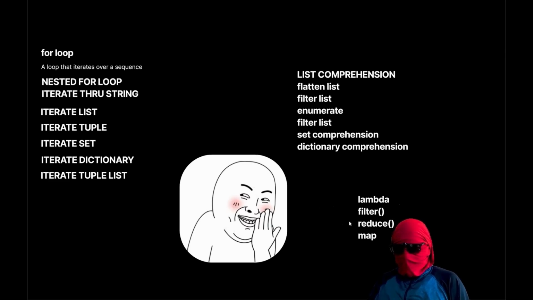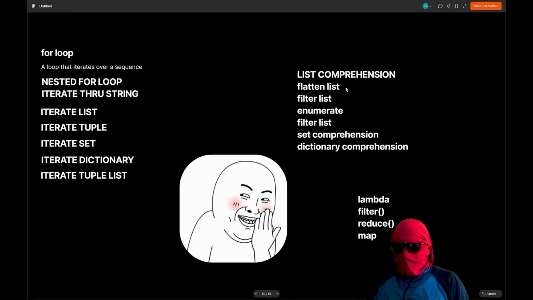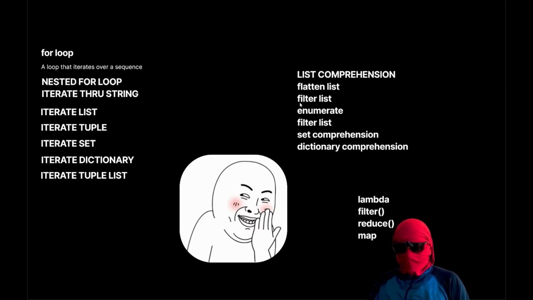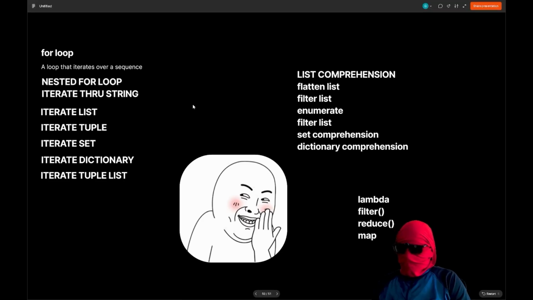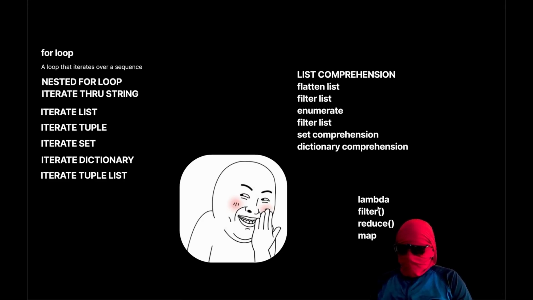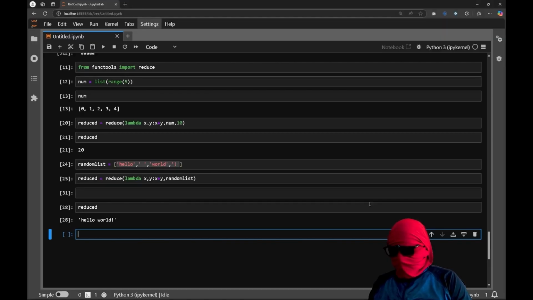And let's move on to filter. So we can even use filter to filter the list and even flatten the list. Before getting into filter, let me show you one thing. You have heard of the range function like this.